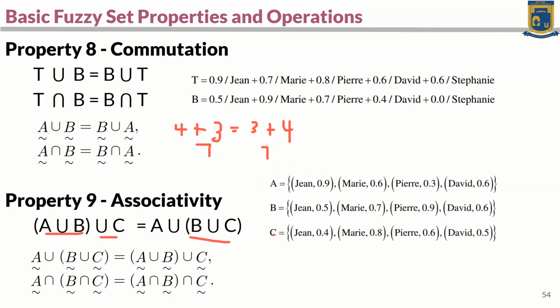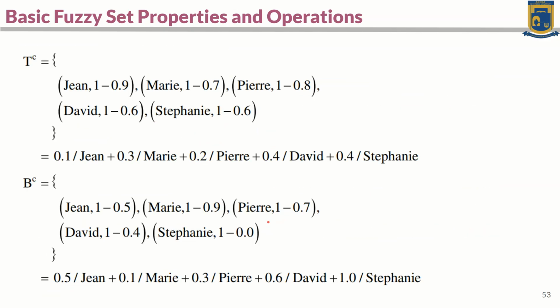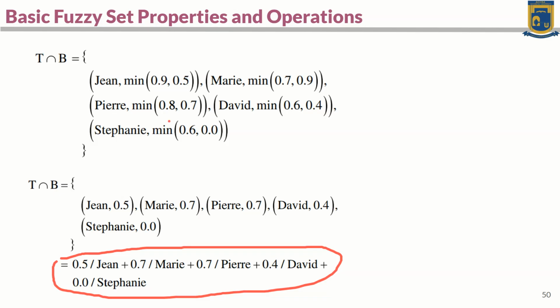So when I give something like this, you are just going to do the arrangement. So if you look at the process we went through, you're just arranging it. So maybe if I'm doing B intersection T, that means I'm going to flip this one. Here is going to be 0.5, right? Then 0.9.